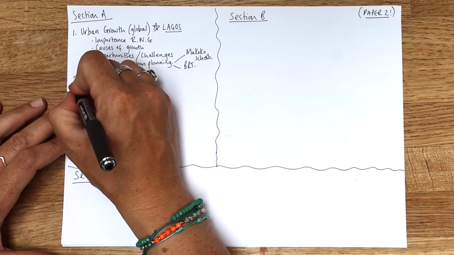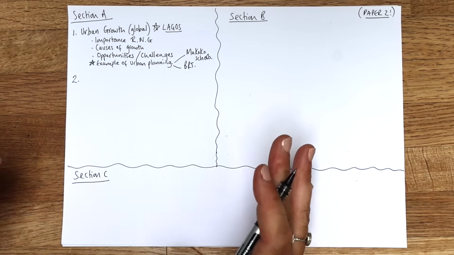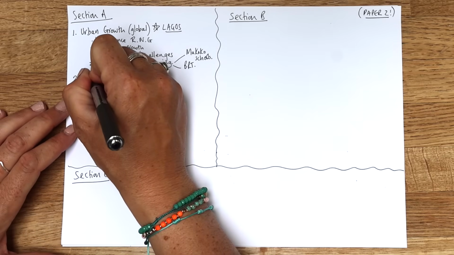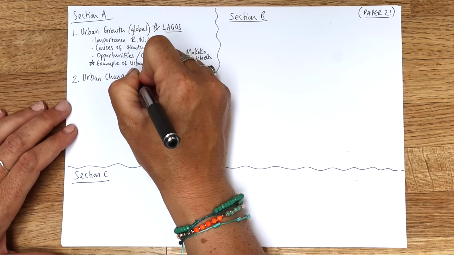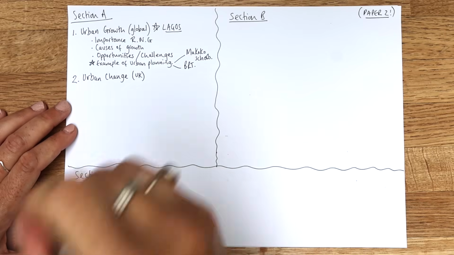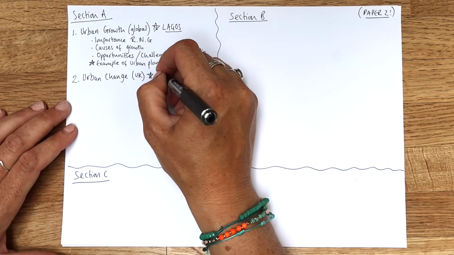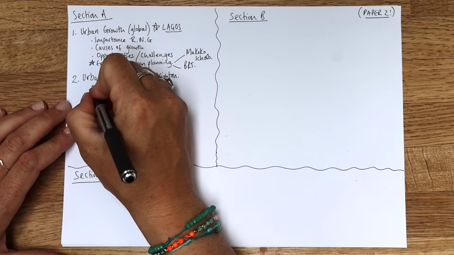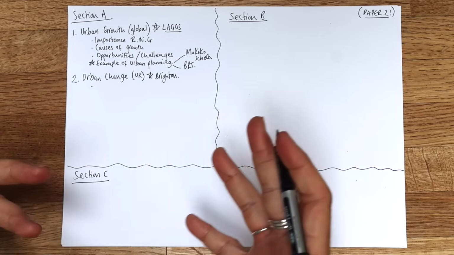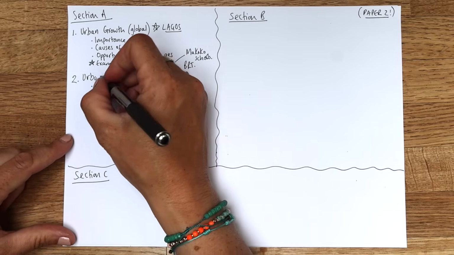Okay, right, the second part of section A will be on urban change. Now this is in the UK, not globally. And my students do Brighton, and we look at Brighton Marina, and we look at Brighton as a city as well, Brighton and Hove.